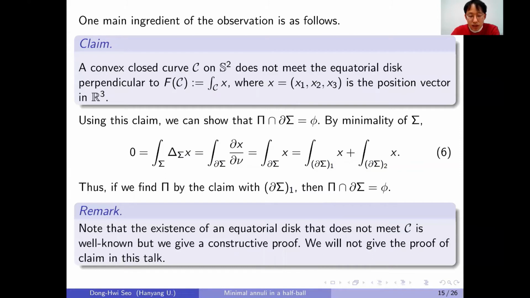It is defined by the integral of the unique outward conormal vector along a boundary component of the minimal surface.